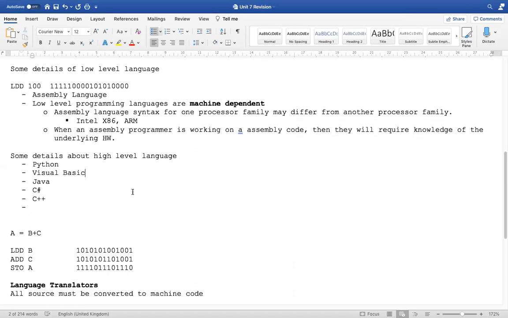Finally, let's talk about high-level languages. Now, high-level languages are machine independent.